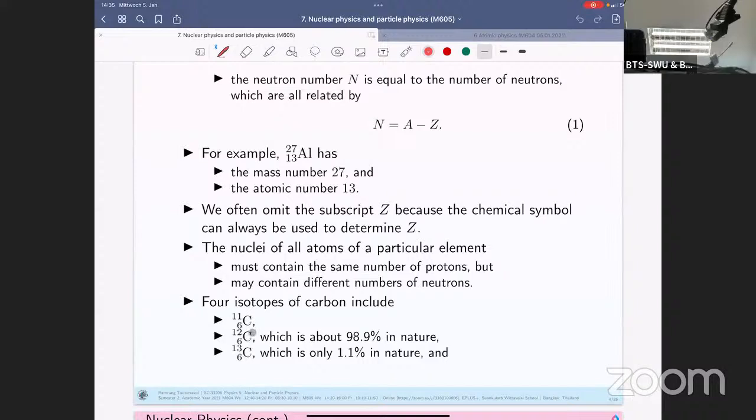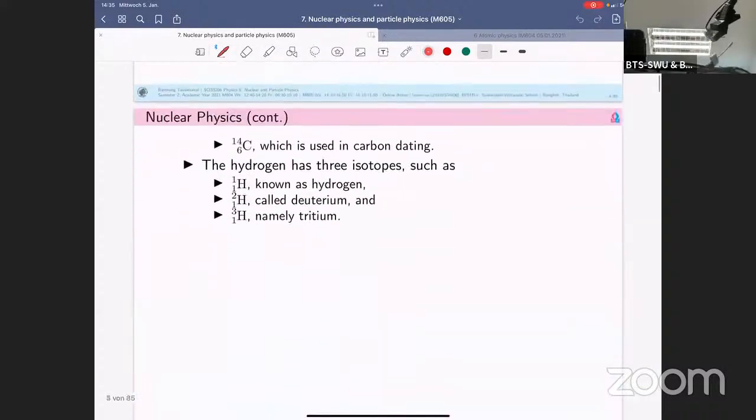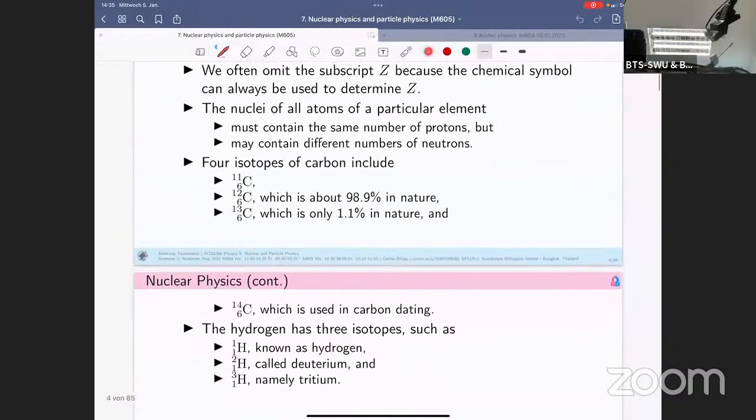And carbon 12, with 6 protons, is the famous and standard one, about 98.9% in nature. And carbon 13 is quite rare, only 1.1% in nature. It's not easy to find.